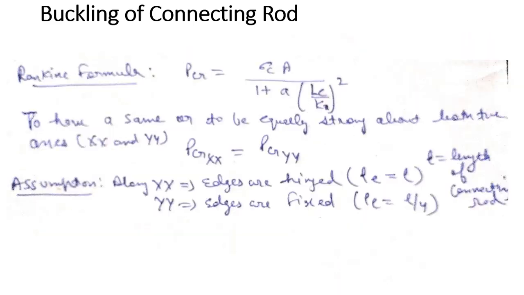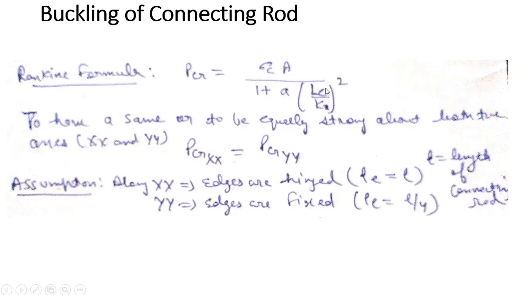So now I substitute this LE. I am going to use this formula to calculate the relation between kxx and kyy. Let's say I talk about Pcr along xx. The remaining terms will be the same, because the load is the same and the material is the same. Now LE will change. For the hinged end LE will become L, and k becomes kxx.